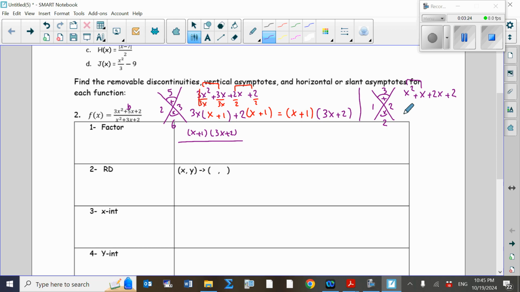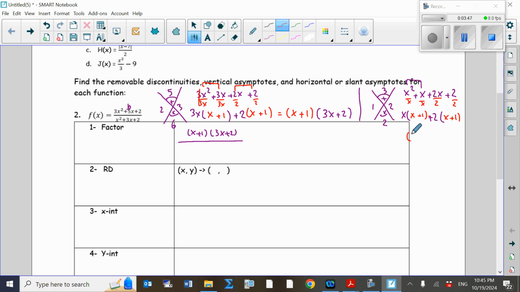Now, in the first group, x is in common between them. So if I divide this by x, x is left. This divided by x, 1 is left. In the second group, 2 is in common between them. This divided by 2 is x. This one divided by 2 is 1.